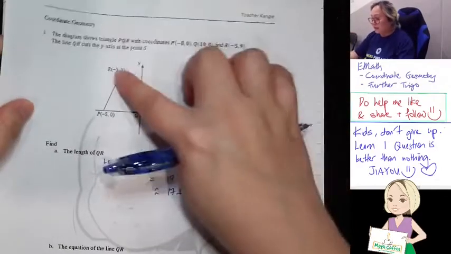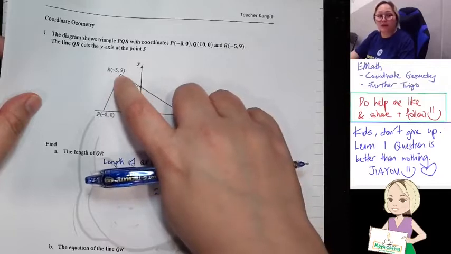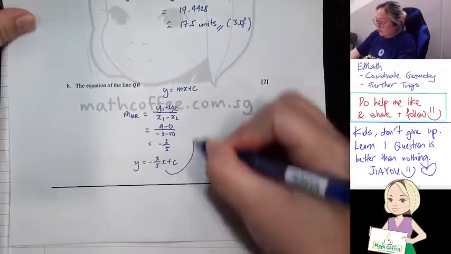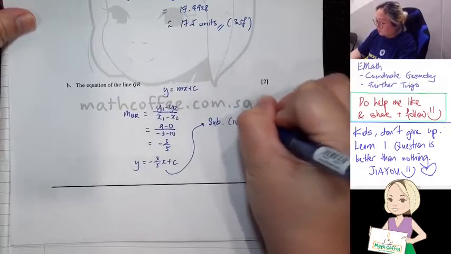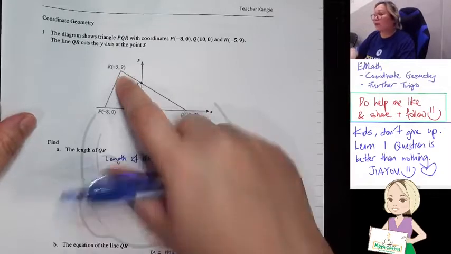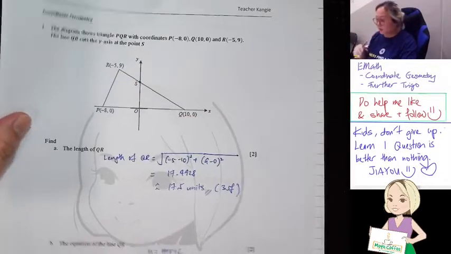In this line QR, I have 2 points. You want to sub in minus 5 and 9 also can. You want to sub in 10, 0 also can. I'm going to sub in 10, 0. Usually I don't like to sub in negative if I have a choice, because when we deal with negative, there's a very high chance of careless mistake.